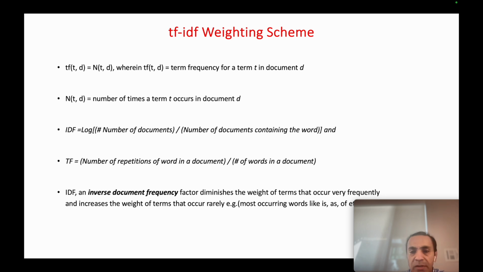Example, most occurring words like is, as, of, etc., occur quite a lot in English, and while doing natural language processing, we need to remove the weightage of those terms that basically have no emphasis in language processing. However, they are part of grammar, so they are used most often.